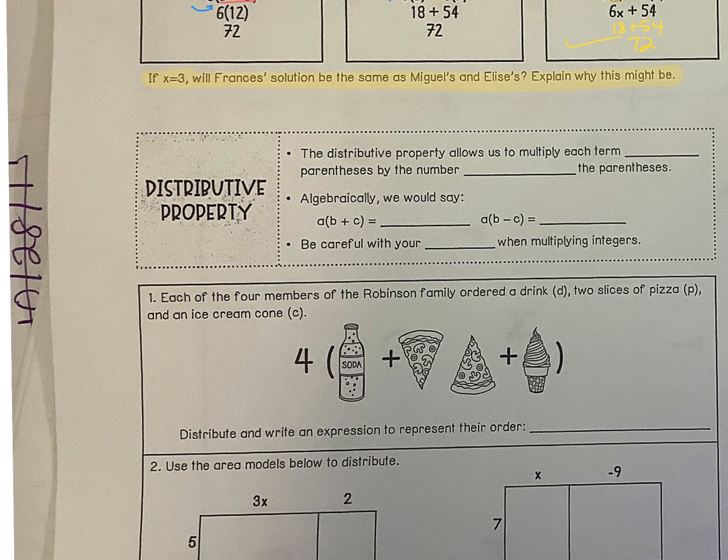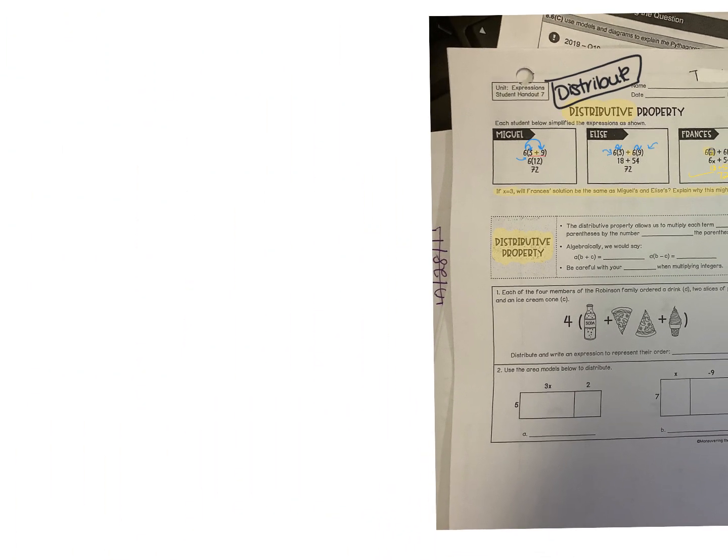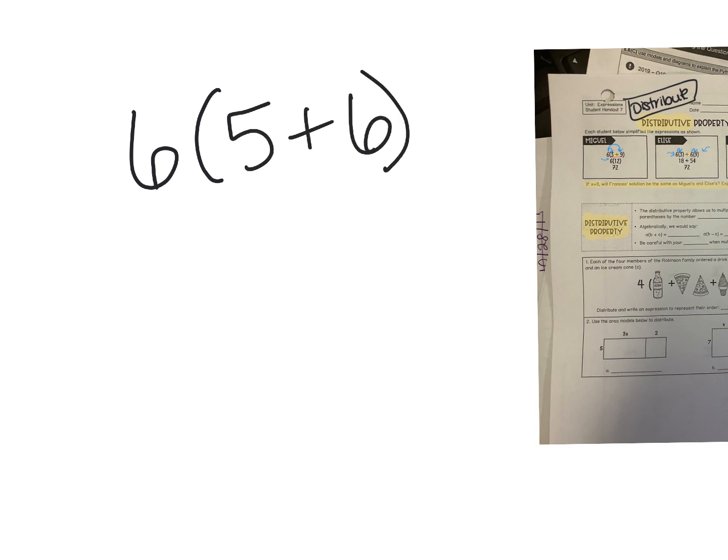Okay, so let's go review and talk about the distributive property again. The distributive property allows us to multiply each term. Okay, so before I go and read all that, you don't have to write this down. You just have to pay attention. If I take a 6 and I'm going to multiply it to everything inside of that, because that right there is grouping. Whatever's happening inside of the parentheses is grouping.